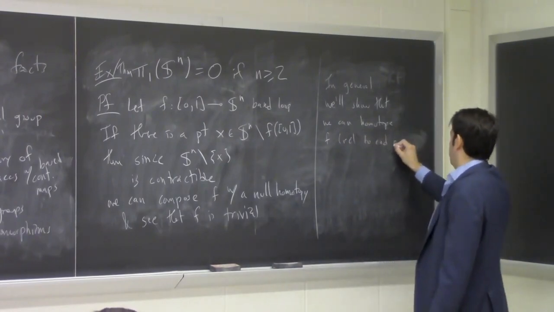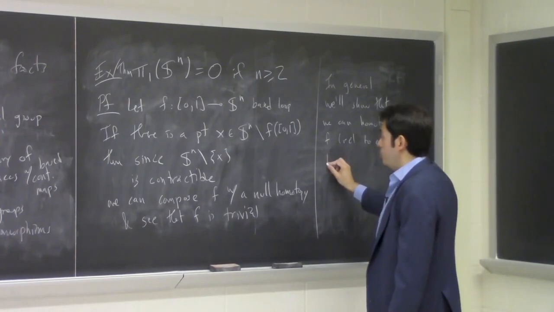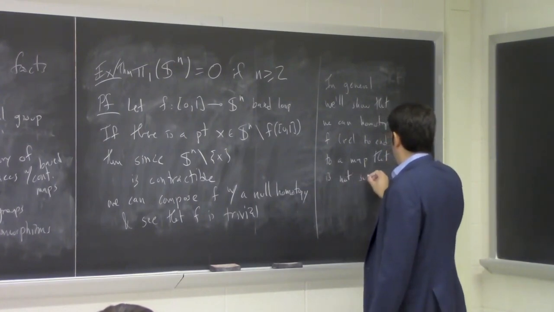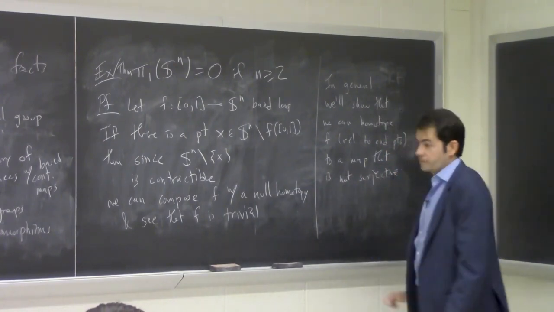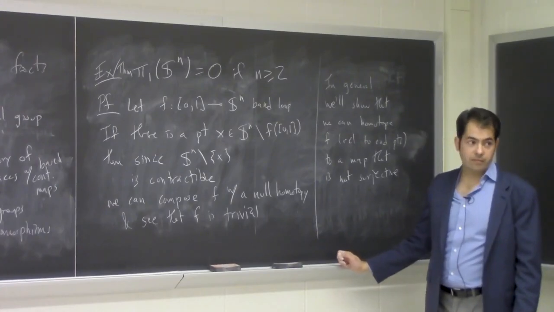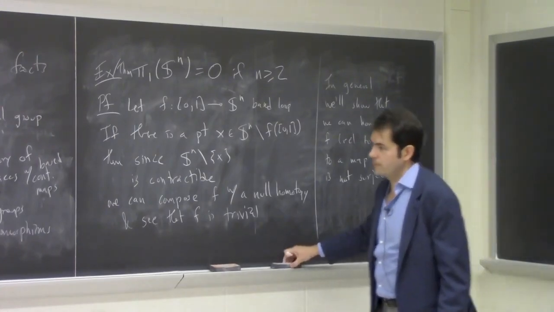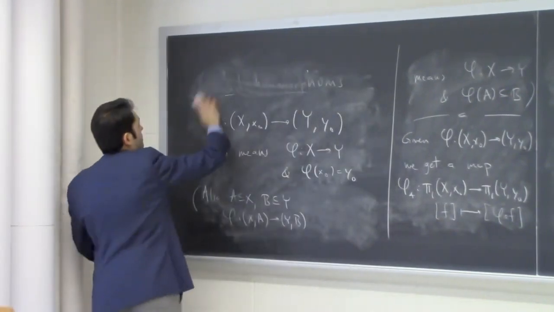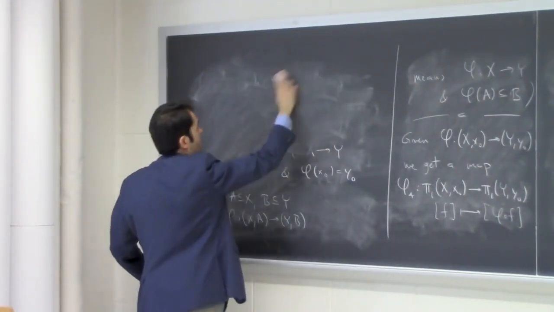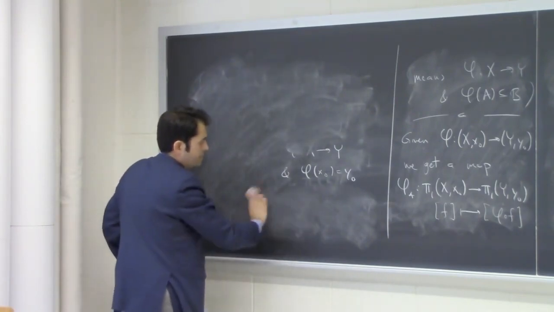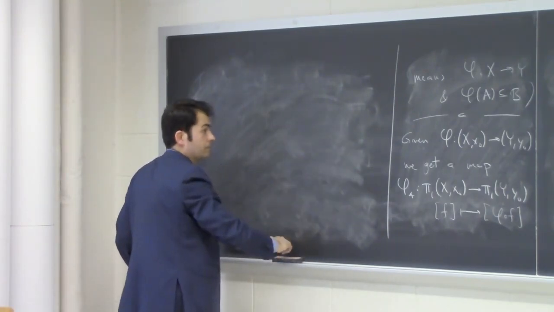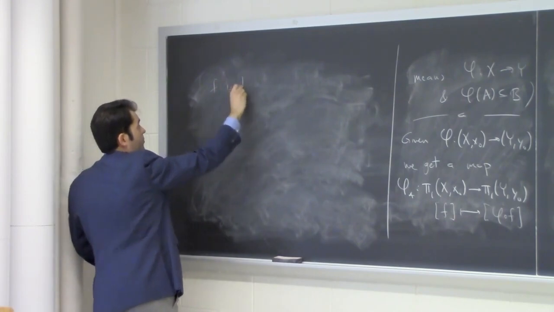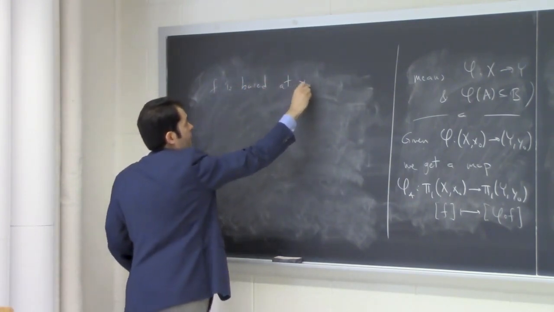So there's a path homotopy to a map that is not surjective. Okay, so f is based at x0.